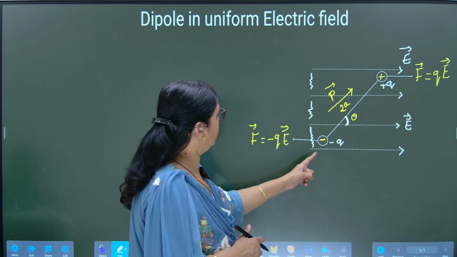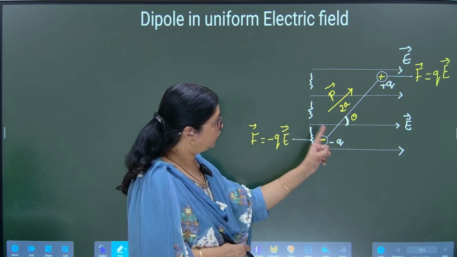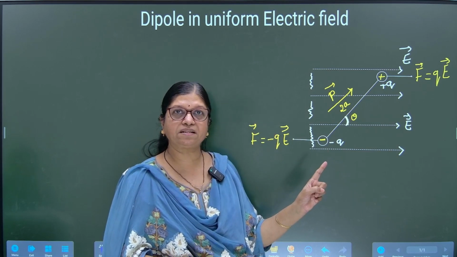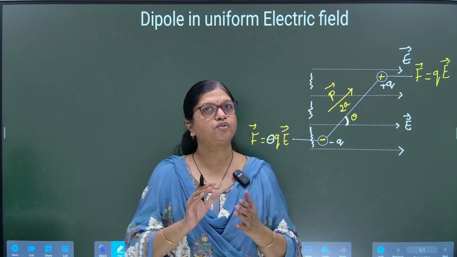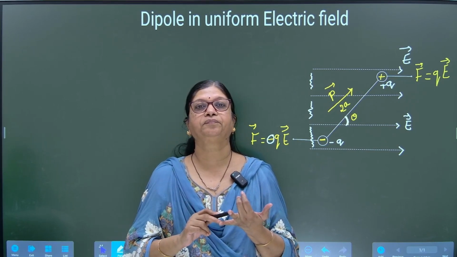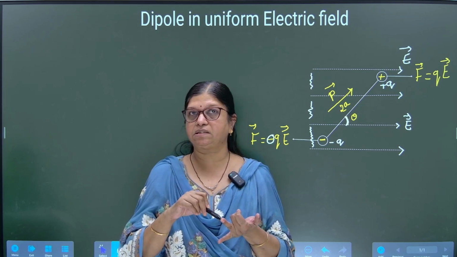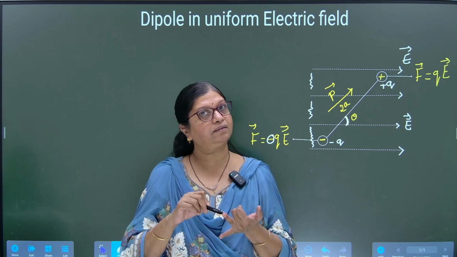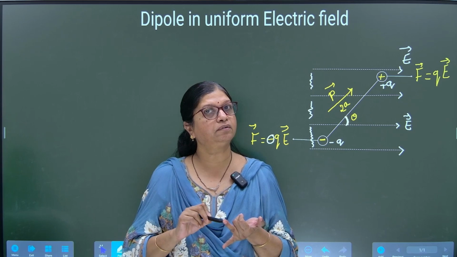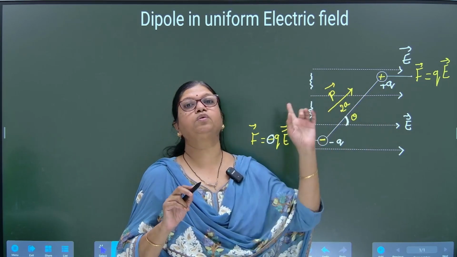Fine. Come to this negative charge. We have a force again due to this electric field on this negative charge also. The magnitude remains the same, qE, but the direction is opposite. So on both the charges, whether positive or negative, the force experienced due to the uniform electric field is qE by magnitude, and by direction it is opposite.